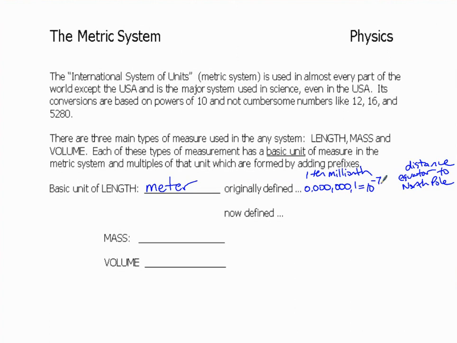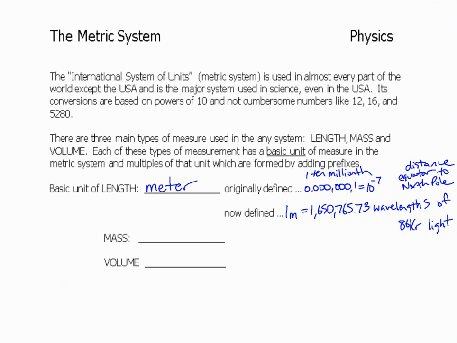It is now defined a little differently with technology improving. 1 meter equals this number of wavelengths of the 86 krypton isotope light.